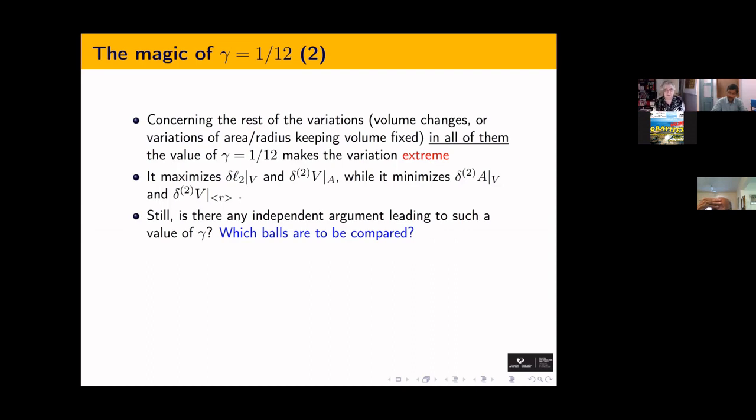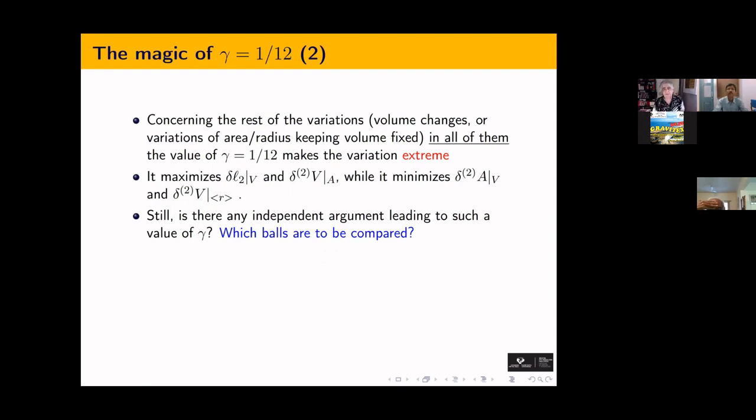So it maximizes the excess radius if we keep the volume constant and so on. So there is this magic about 1/12, but of course this is not a nice thing to do. I mean, I do the calculation and I see, oh, I have to put gamma equal to 1/12 to get what I want. There should be an independent reason telling me that gamma equal to 1/12 is the good thing to do.